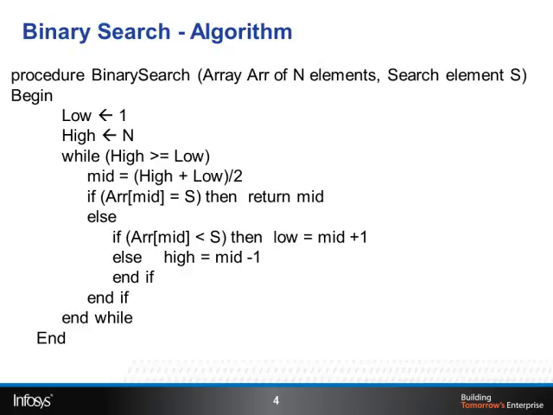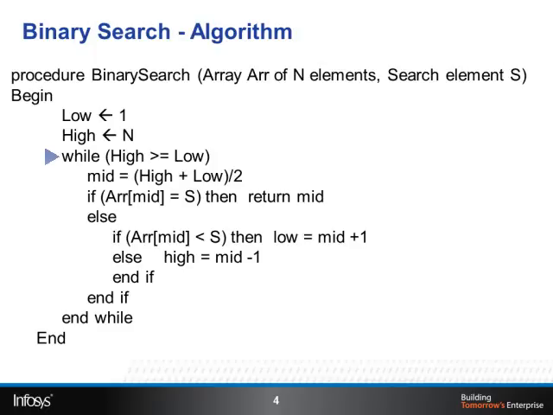Let's quickly look at the algorithm associated with the binary search and compare it with the illustration that we just had while searching the element 40. The algorithm says that initially set the low position value to 1 and the high position value to n. Referring back to the previous example, the value of n is 5, the low position is 1.